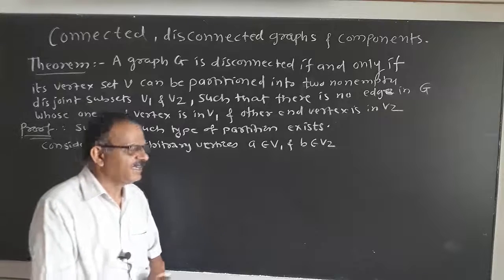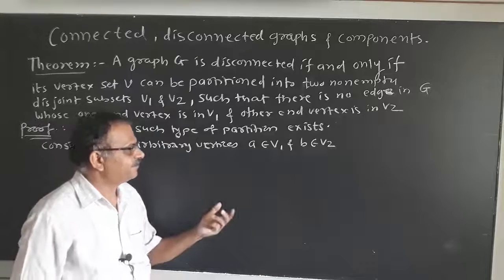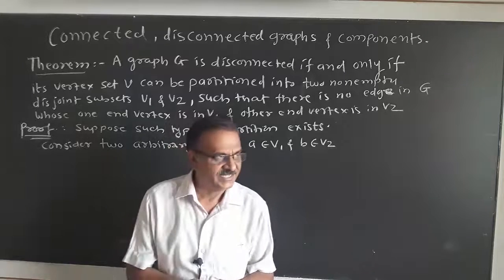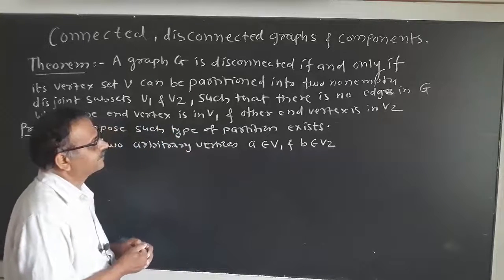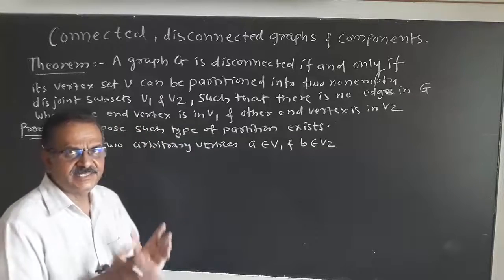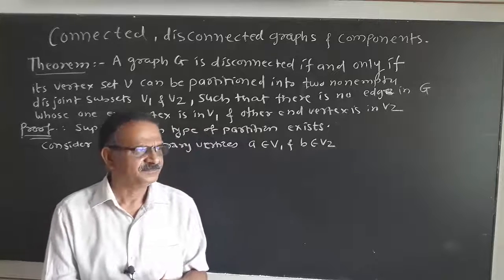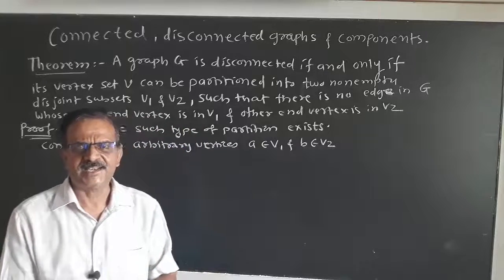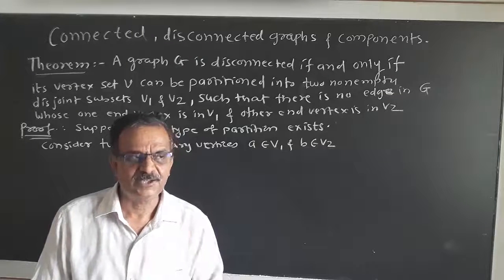Now, if there is an edge between A and B, what happens? If there is an edge between V1 and V2, V1 is one component and V2 is the other component of the graph G. That means V1 itself is a graph, V2 itself is a graph, and there is a path between every pair of vertices in V1 as well as there is a path between every pair of vertices in V2.